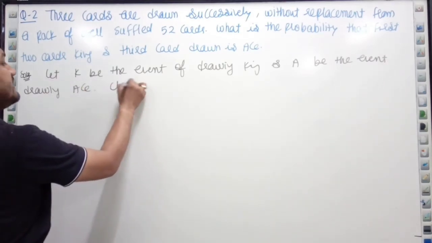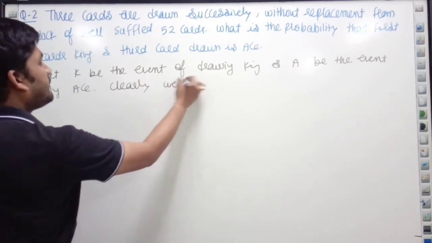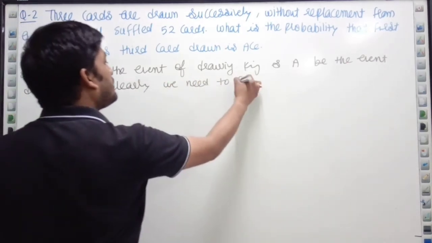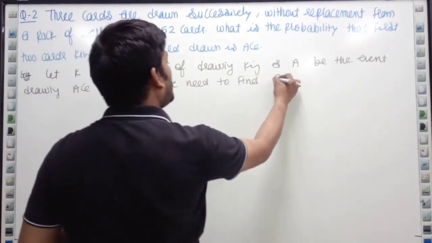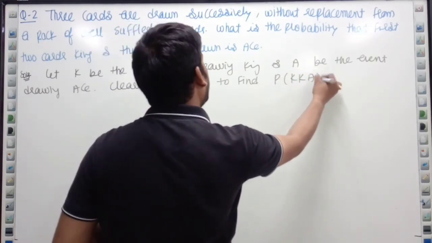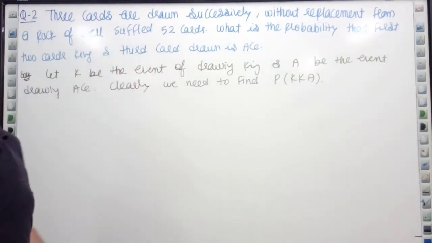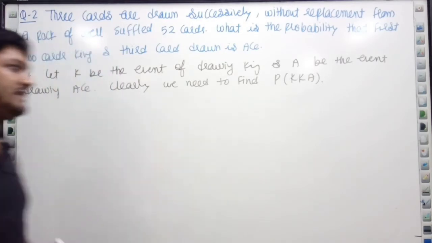So clearly we can say we need to find the probability of K, K and A, because first 2 cards are king and the third is ace, right?